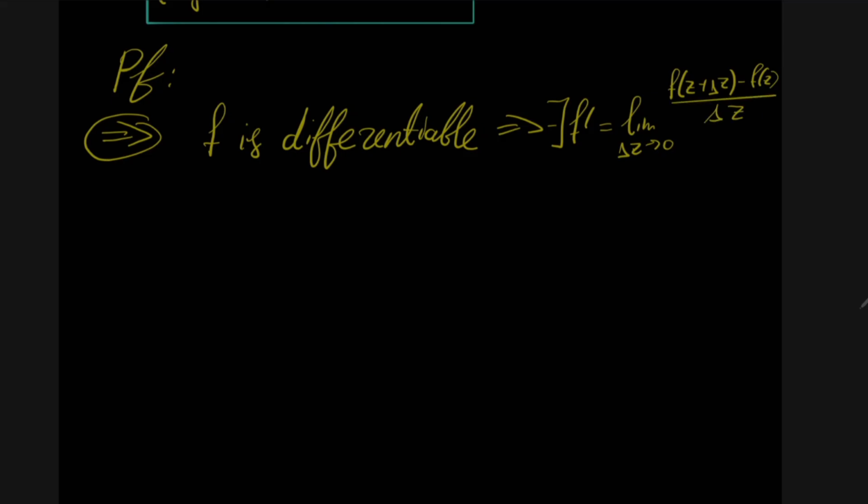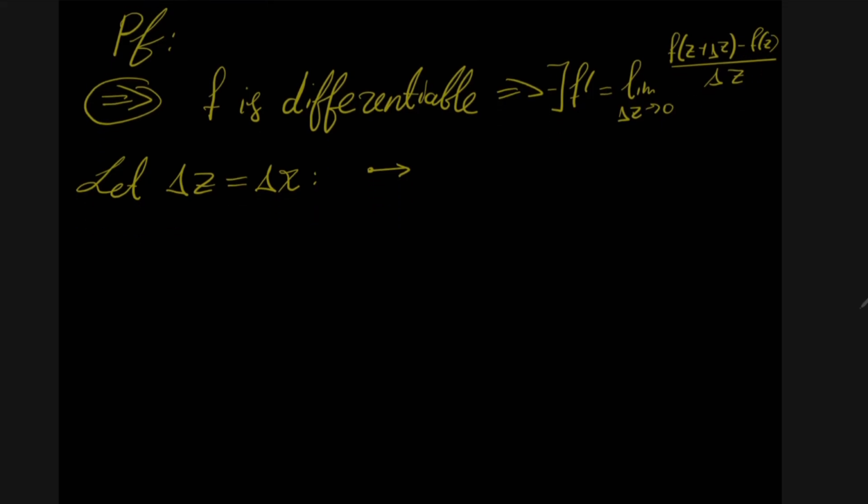This is an equivalent notation of that one limit. Okay, and now we can do some substitutions. So, let delta z be equal to delta x. So it will go to the right.